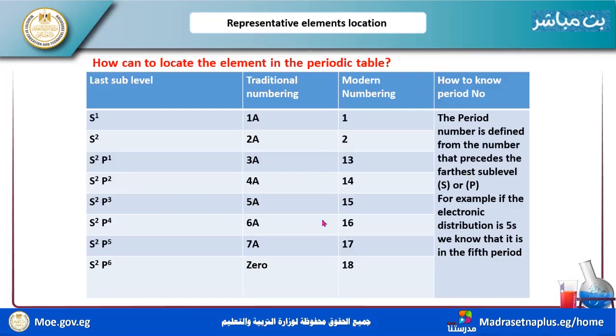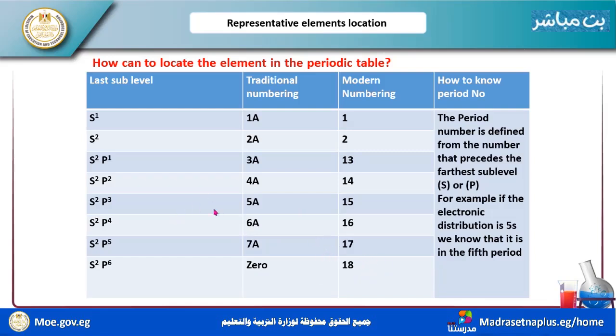For example, s2 p4, 2 plus 4, the power number in s and p, is 6A, 16. s2 p5, summation 2 plus 5 equals 7, this is 7A and column 17. Last one, s2 p6, is a noble gas, not 8, but 0, because its valency is 0, and in the modern numbering it is 18, column 18.